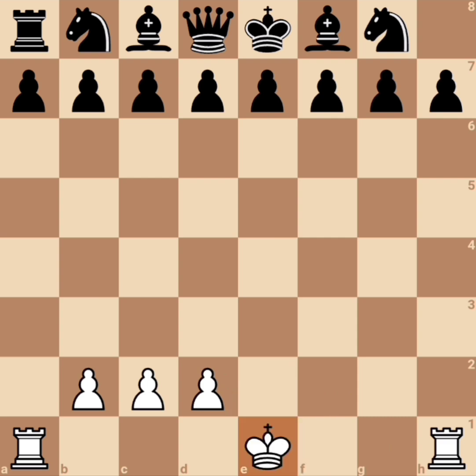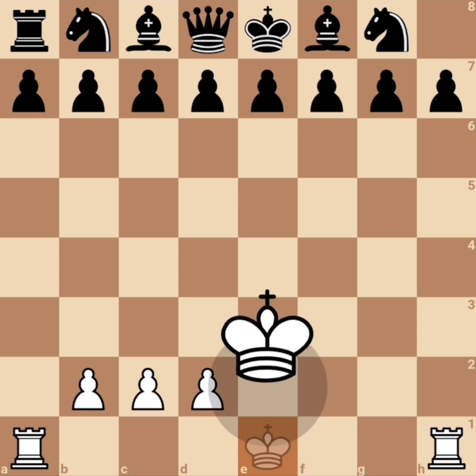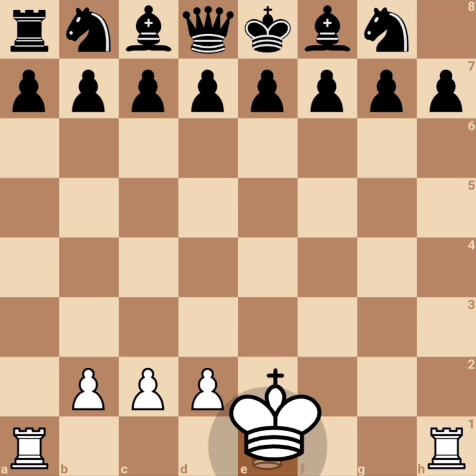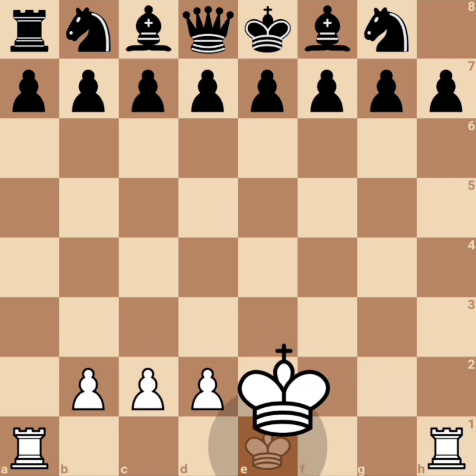One more last rule to be remembered is that there should not be movement of the king. If there is a movement of the king, the white player cannot castle on any side.